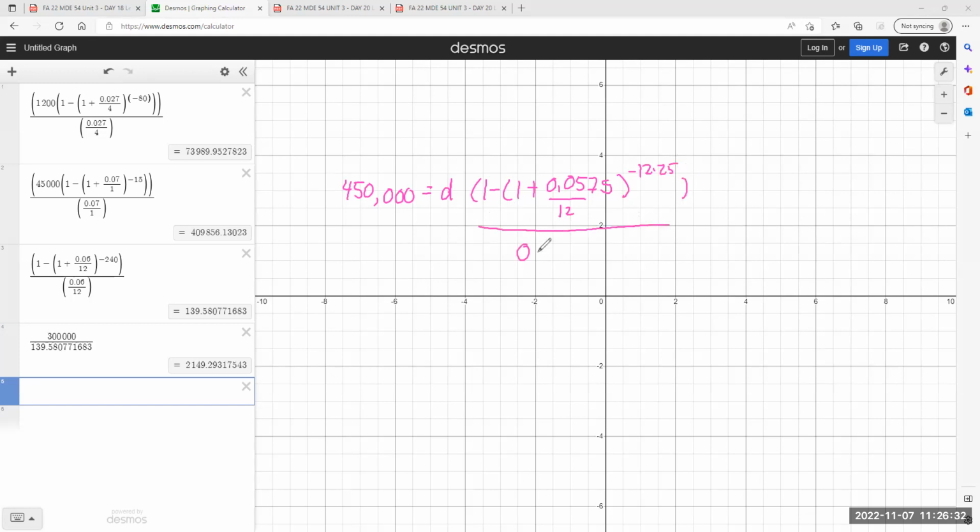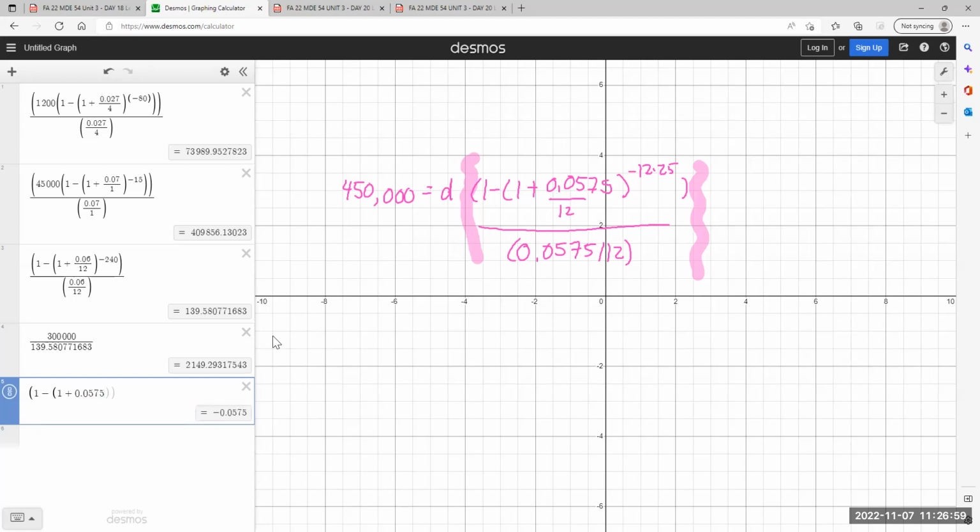And we are going to do this whole chunk first. This guy. And get that answer. Okay, so let's get that in. 1 minus 1 plus 0.0575. Oh, I typed something wrong. 1 plus 0.05.